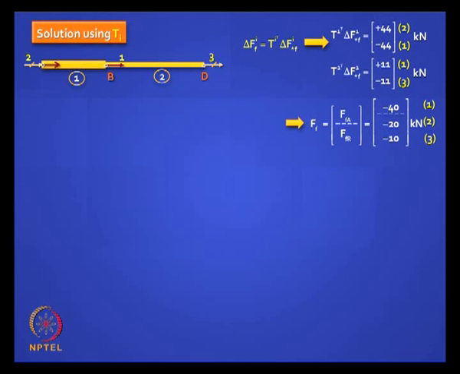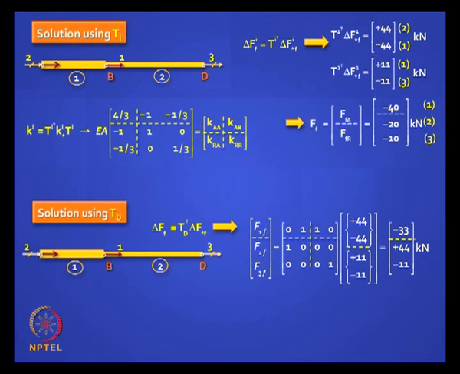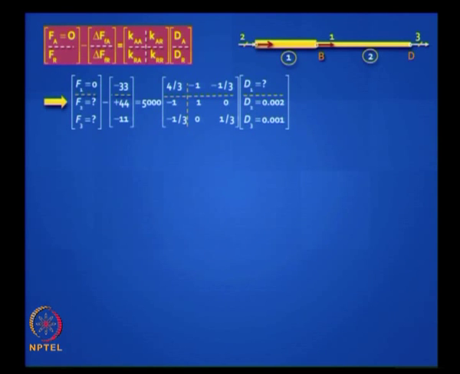Then you got the fixed end force vector, you have the K matrix. If you are doing the TD method, it is direct, no thinking, you got the TD transpose and you can directly get the answer, and then you use the same equations, you solve these equations. When you solve these equations, you can find the unknown displacements.